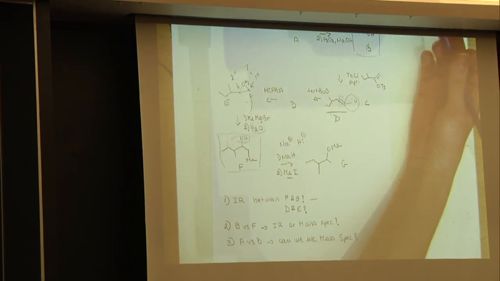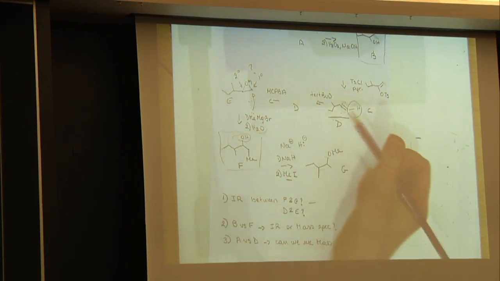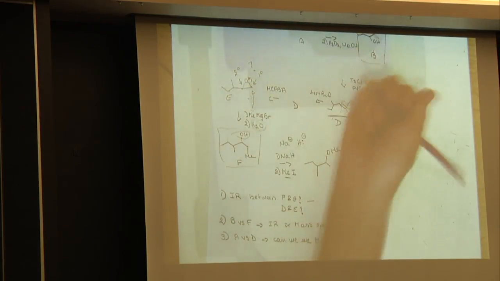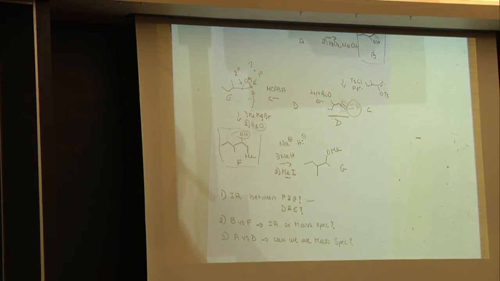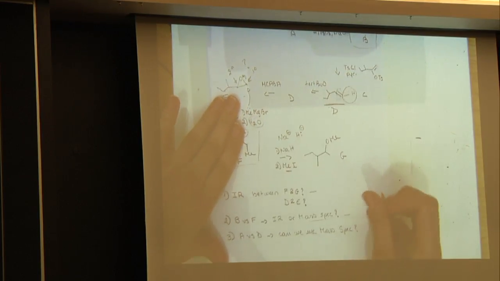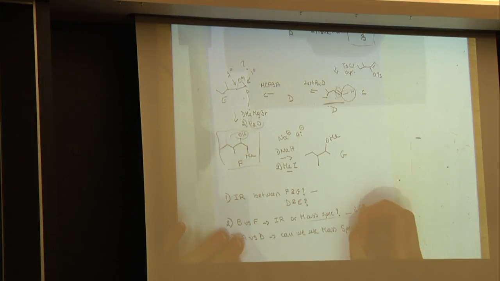So what we need to remember here is that the carbon chains differ. So we're going to actually need the mass of each compound to be able to differentiate. Yep, so this is mass spec because we have different molecular weights.